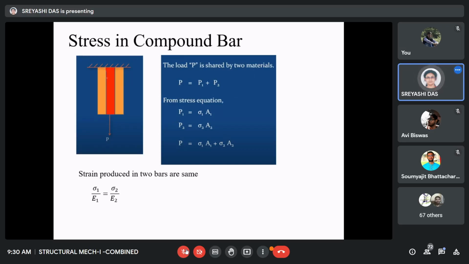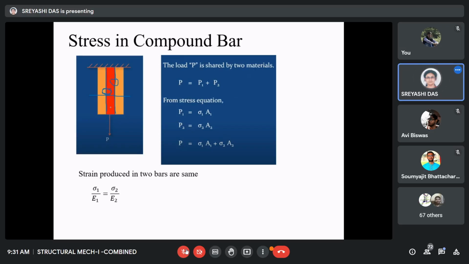They are joined here with such strong glue-type thing that it will behave monolithically. That means there will be extension or contraction, but both will move monolithically. There will not be any slip along this joining portion.